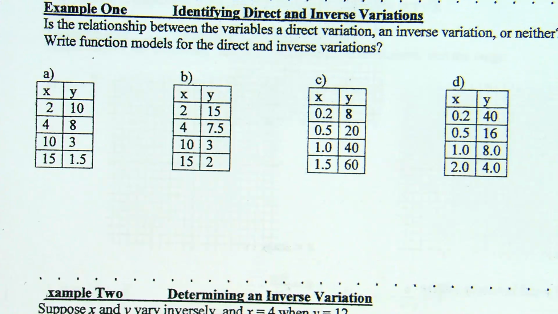And then if it is direct or inverse, then we need to write an equation for it. So thoughts on A? How can I determine if this is inverse variation, or if it's direct variation, or if it's neither?